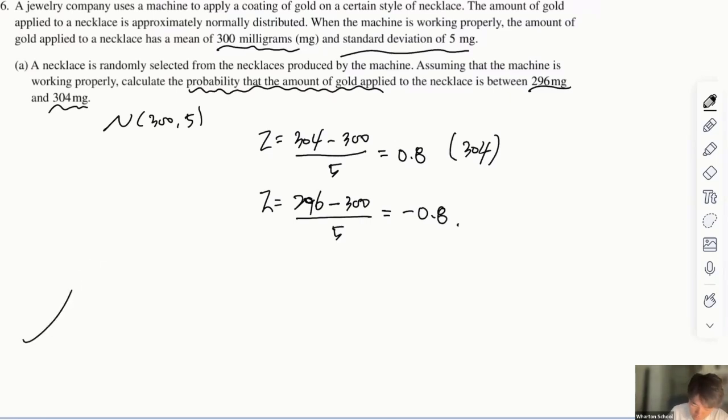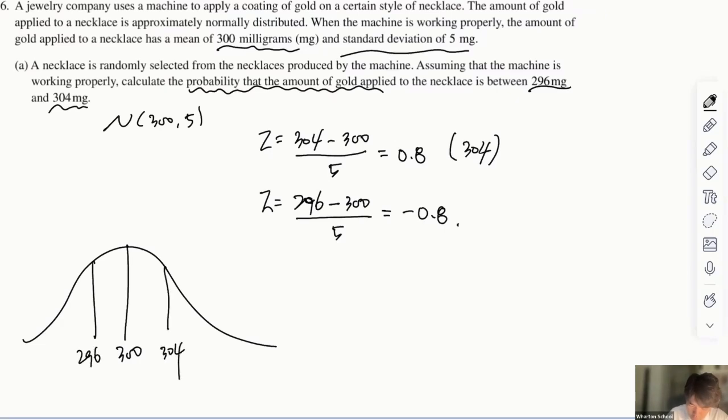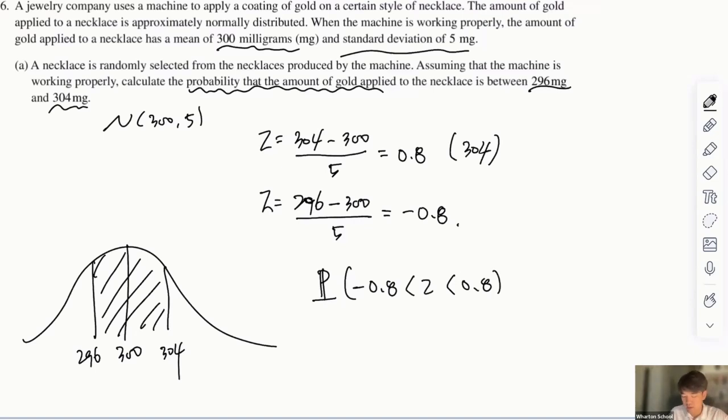Okay, so if there is a normal distribution with mu 300, we are getting the probability that the weight is in between these two. So we need to find the probability that the z-score is between negative 0.8 and 0.8.